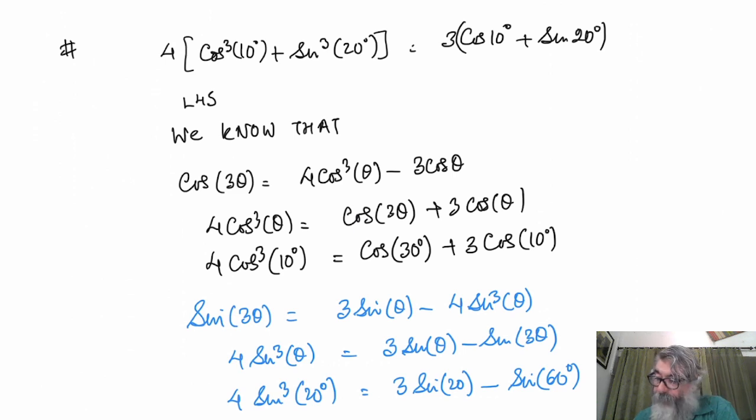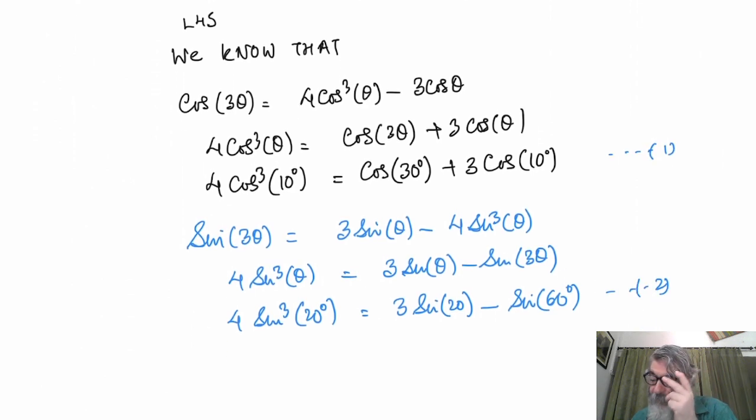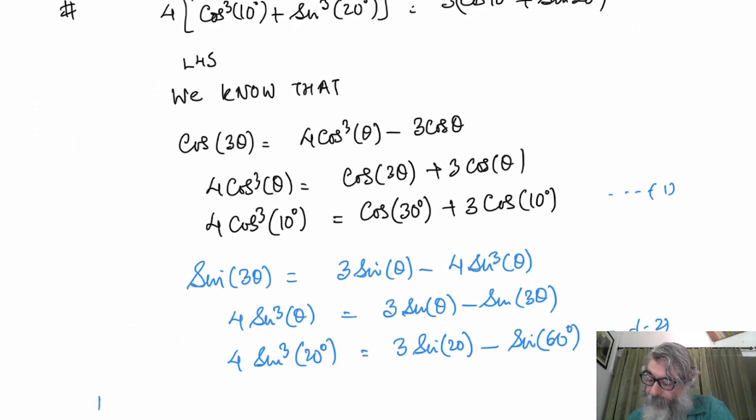Now, from equation 1 and equation 2, the left hand side was 4 cos cube 10 plus 4 sine cube 20 degree.